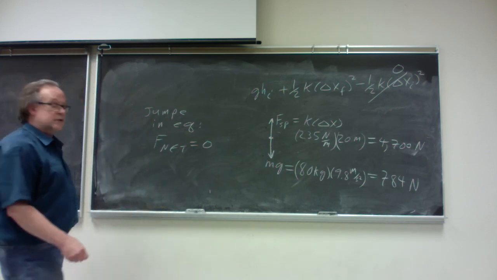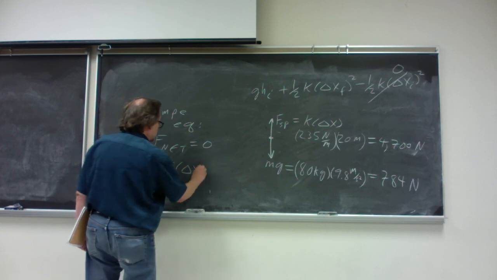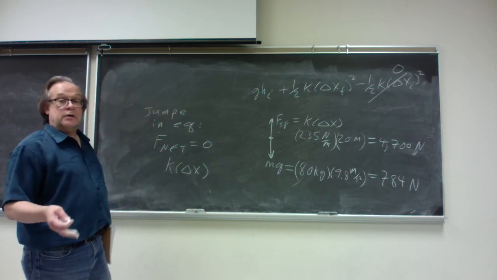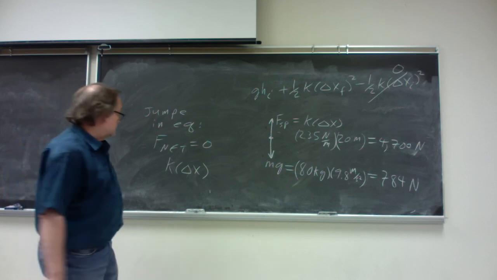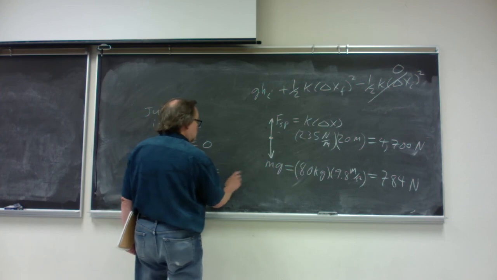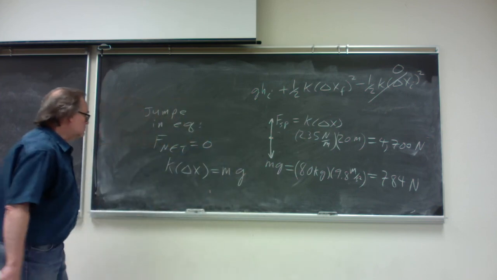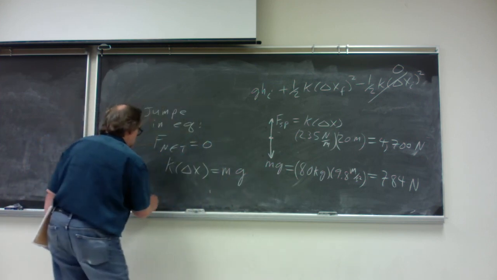The upward force cancels out the downward force. So K times the amount of stretching in the final state, where the jumper has finally come to a stop and stays stopped, is just precisely equal to the weight, which is 784 newtons.